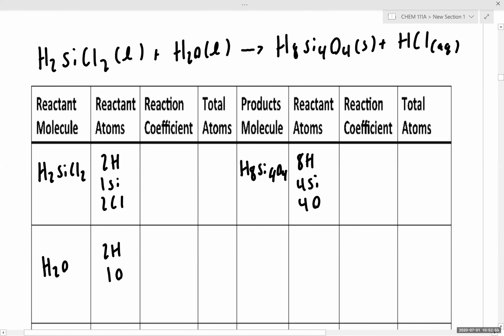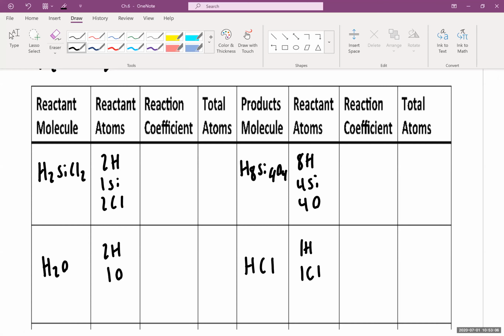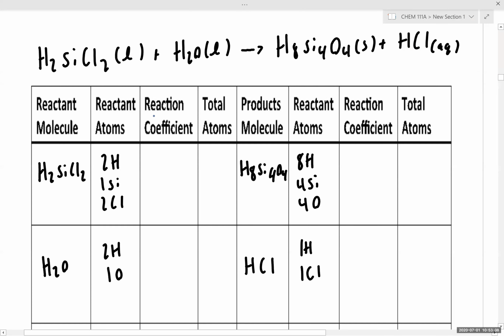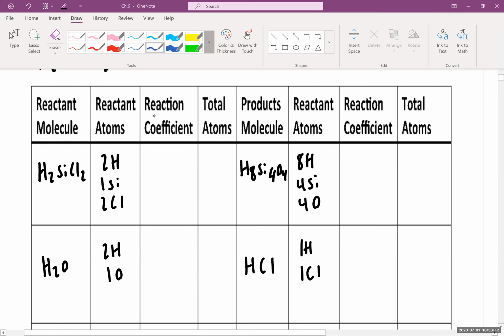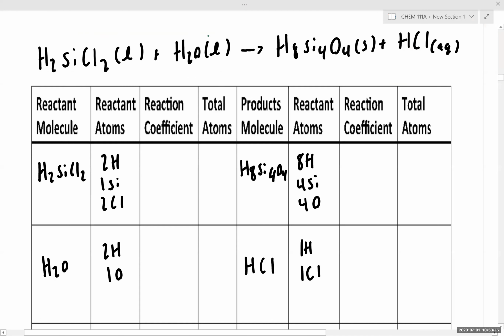For our reaction coefficient, we're not going to worry about that just yet. For hydrochloric acid, we have 1 hydrogen and 1 chlorine. Okay, so now we focus on our reaction coefficients, and we identify the elements that are not balanced.